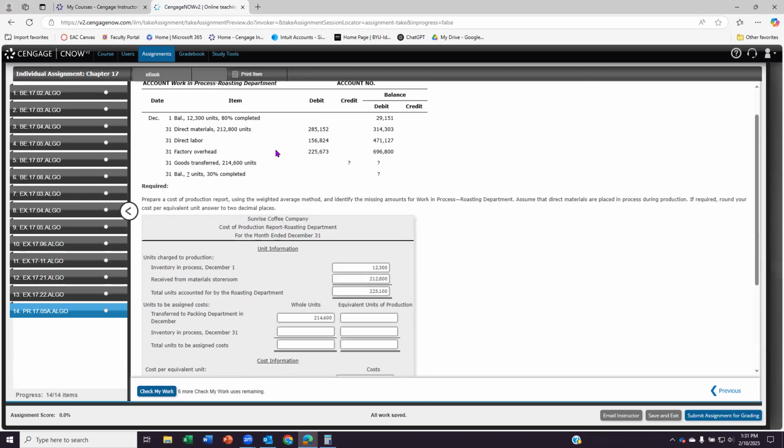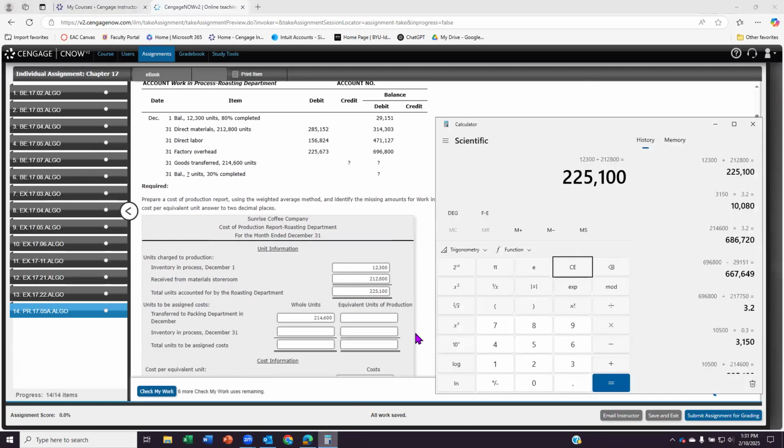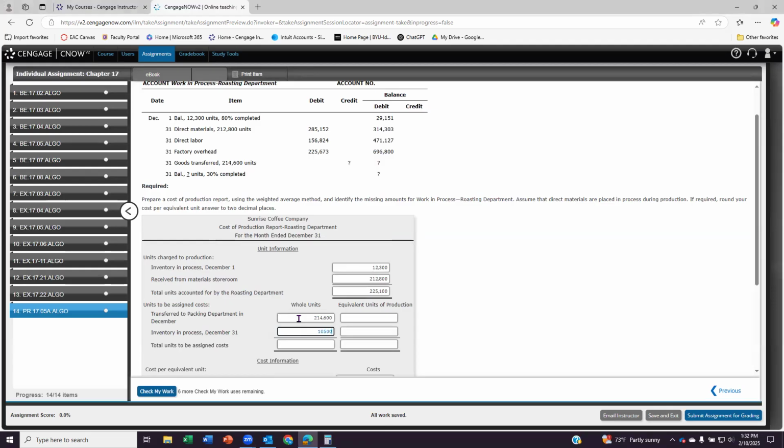So what we have to do is add up what we began with, 12,300, and then we added 212,800 in direct materials. So we had 225,100 available for use. And then we transferred out 214,600. So I'm going to say minus 214,600. So we must have had 10,500 left over in process.